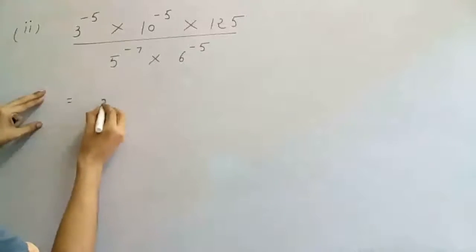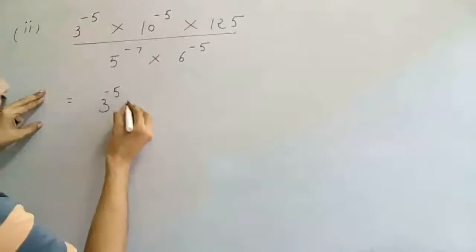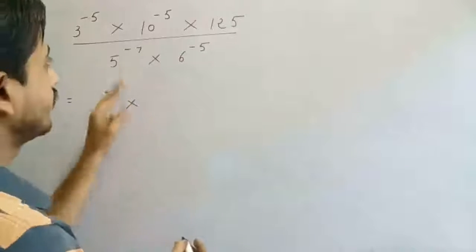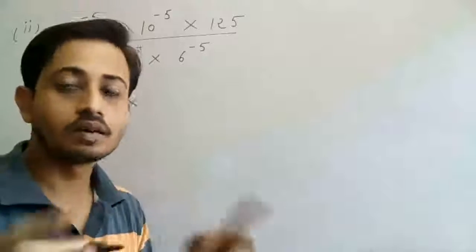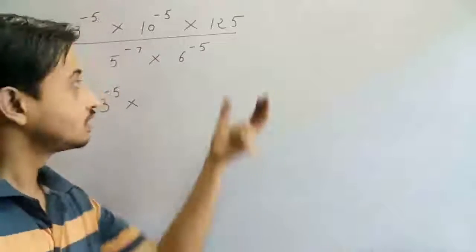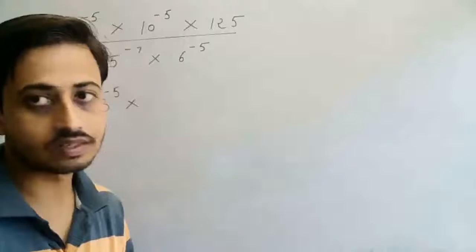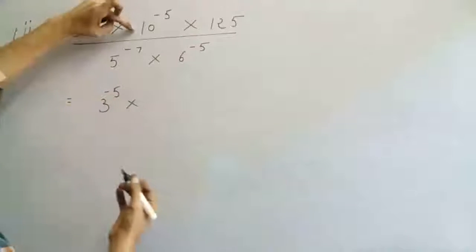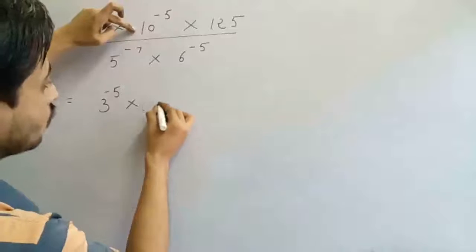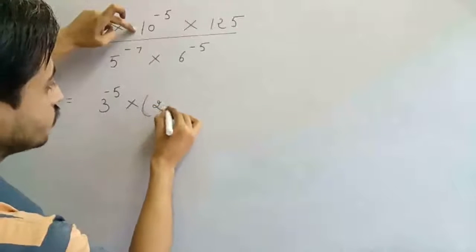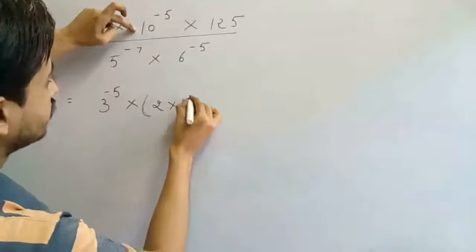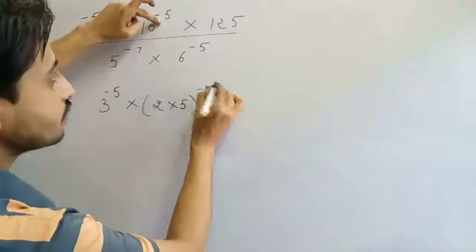So I am writing 3 raised to the power minus 5 multiply. Again you have to factor, so that you get the same exponent and same power. So 10 can be written as how? 10 can be written as 2 into 5 raised to the power negative 5, which remains the same.